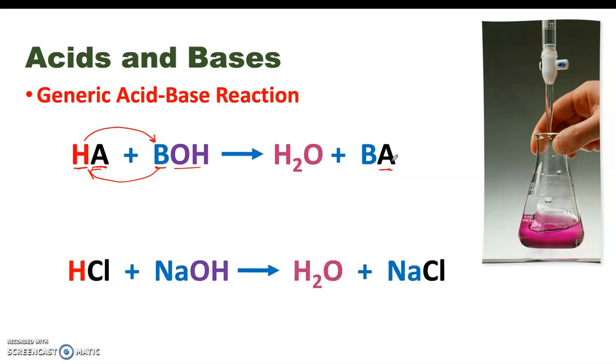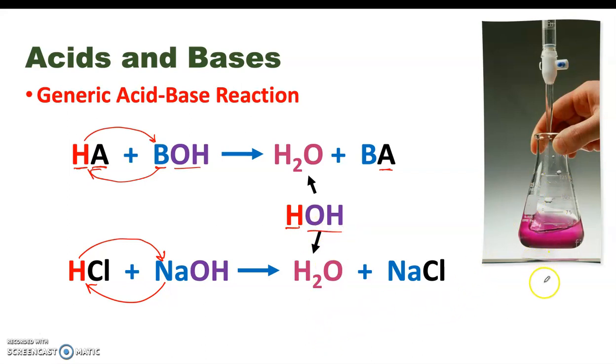So an actual example here is HCl plus NaOH. The H and the Na switch spots. So that's where the NaCl comes from. And then you can see the H is with OH, and remember HOH is just water. So you can see the red H comes from the acid, the purple OH comes from the base.